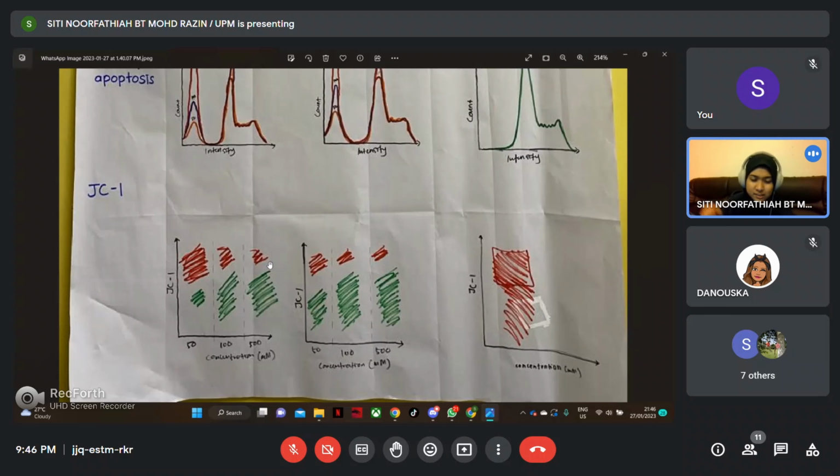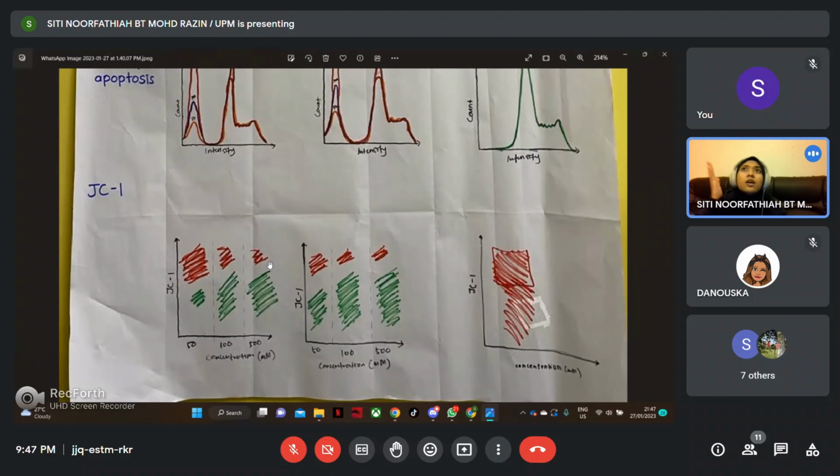green fluorescence, as JC1 detects the fluorescent dye. So it counts every single cell, whether it exhibits red fluorescence or green fluorescence. The graph shows the cells themselves. 500 shows the highest cell death, while 50 shows the lowest cell death.